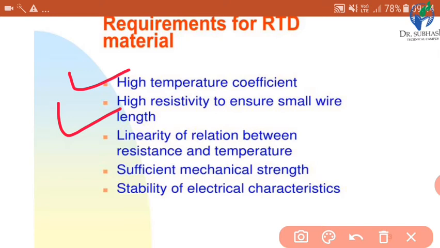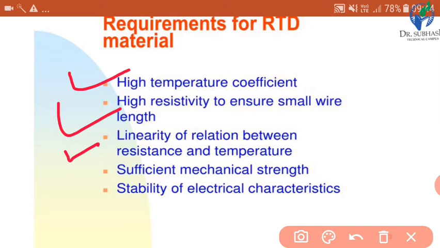Then linearity of the relation between resistance and temperature: if the temperature increases, resistance should also increase and vice versa.